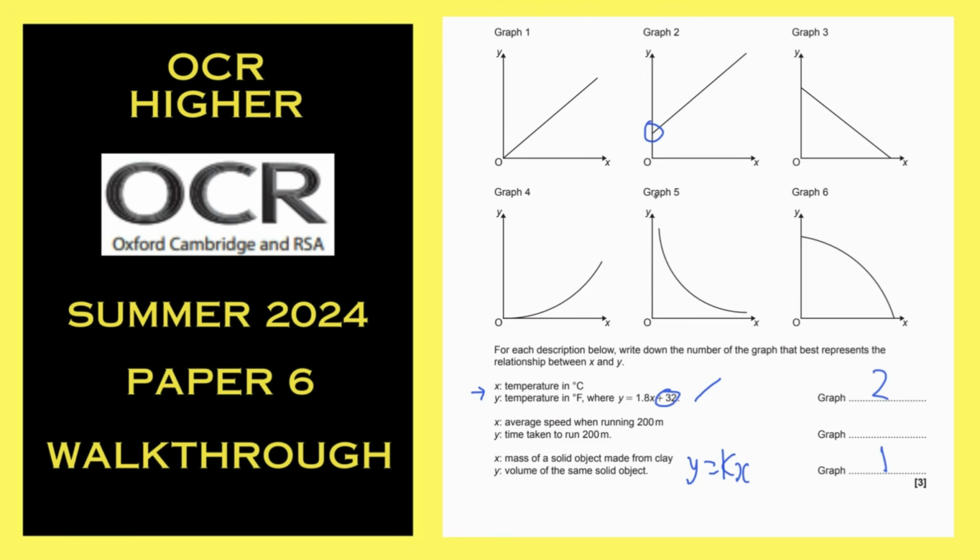But anyway, average speed when running 200 meters. The reason why that's graph 5, think about it, it's not possible. Every extra bit of speed you do will bring your time down slightly, but it will never be zero.